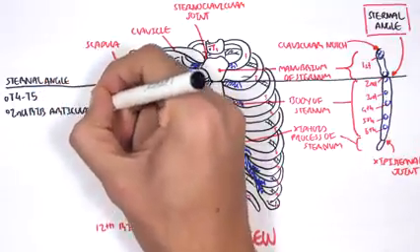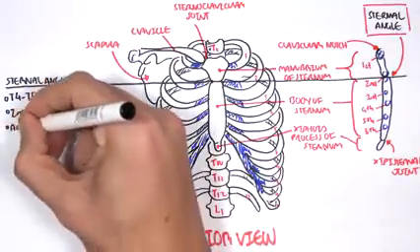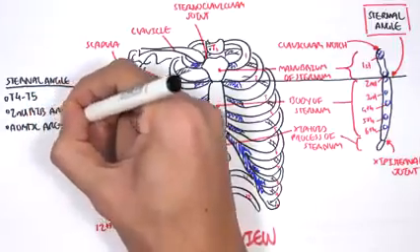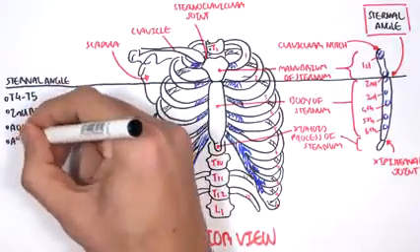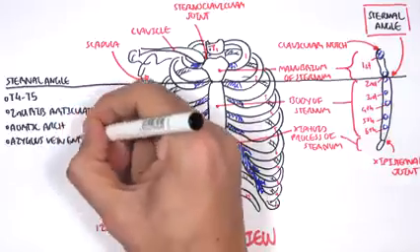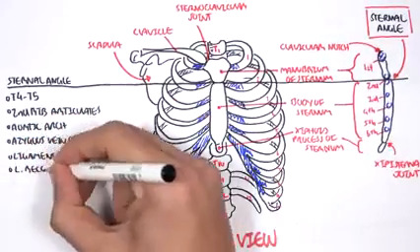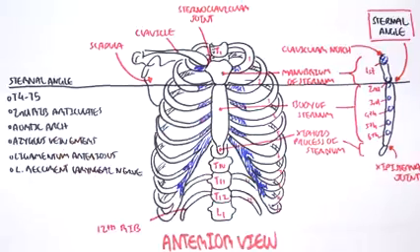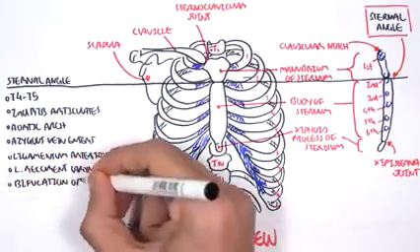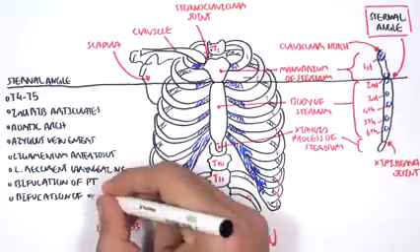The second rib articulation occurs here. We can find the aortic arch, azygos vein as well, entering into the heart. We have the ligamentum arteriosum. We have the left recurrent laryngeal nerve. We can also find the bifurcation of the pulmonary trunk and bifurcation of the trachea.